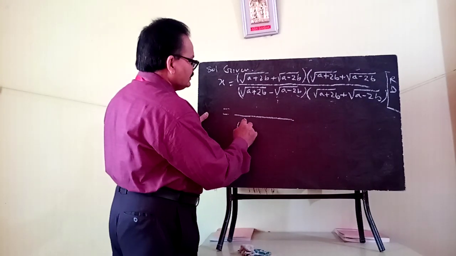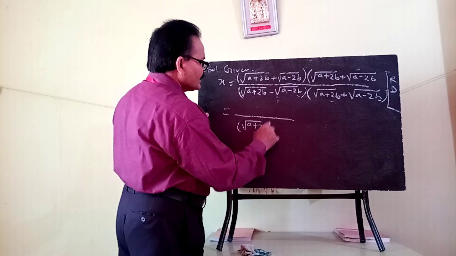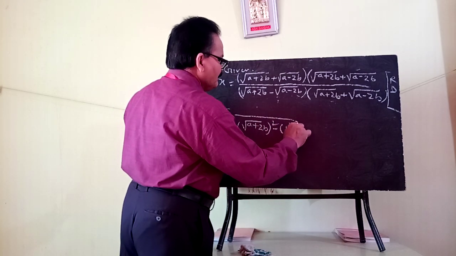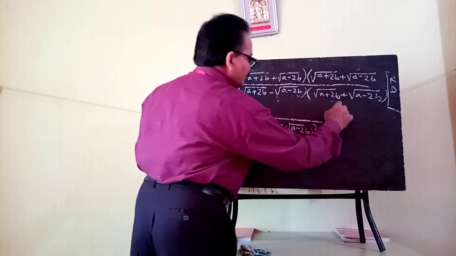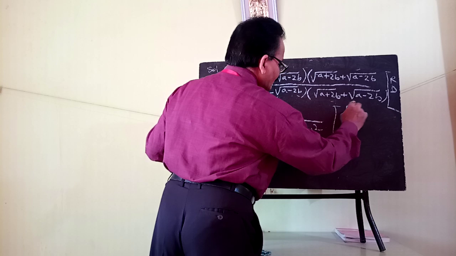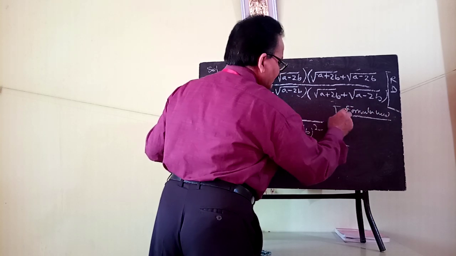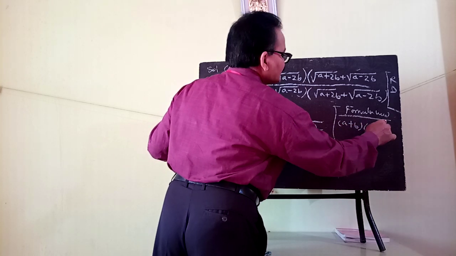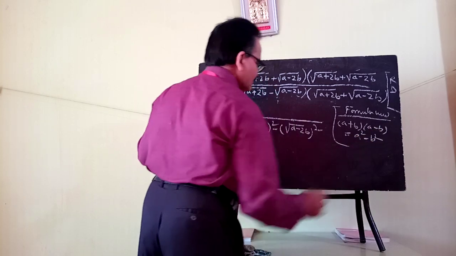So this will be square root of a plus 2b whole square minus square root of a minus 2b whole square. In the denominator, the formula used is a plus b into a minus b is a square minus b square.